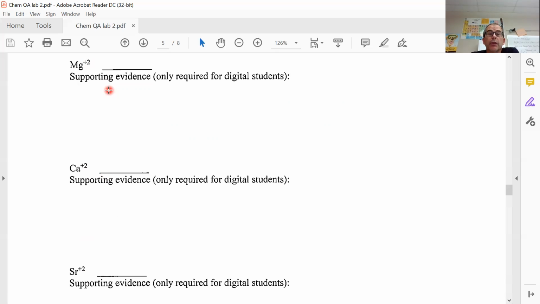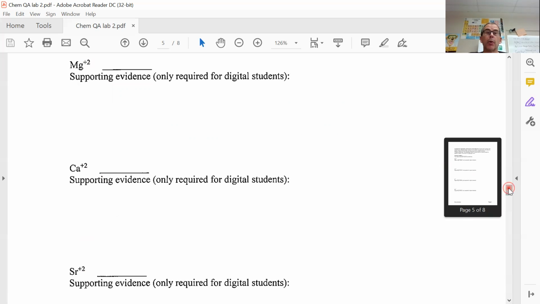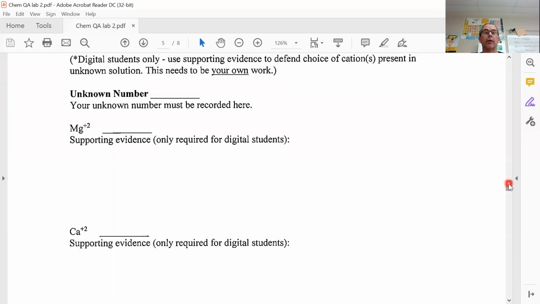The other thing with digital students, you're supposed to be providing supporting evidence. Probably the big thing is, if I'm doing Mg2+, it's a yes or a no, and I chose yes because it formed a precipitate or turned cloudy when I added whatever you added to do that.